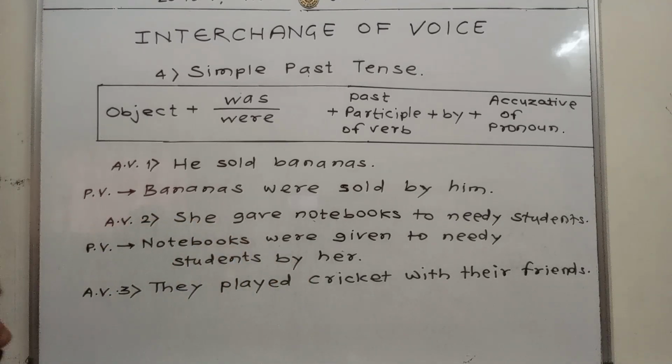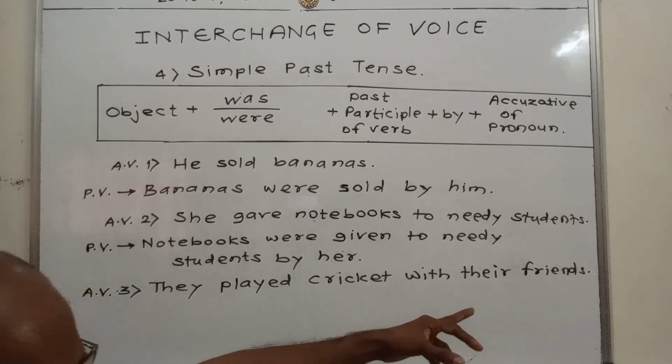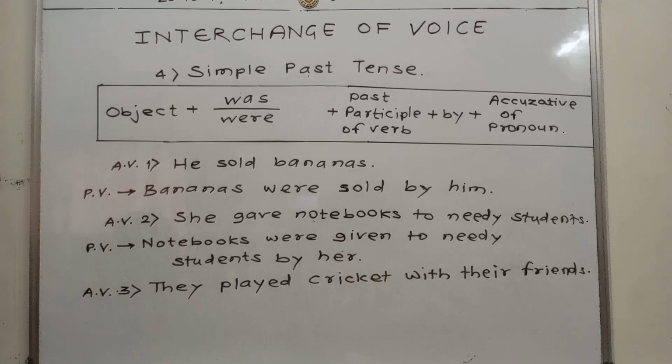With their friends. Now here they played cricket, and this is additional or extra words or part of the sentence. Then passive voice of this.